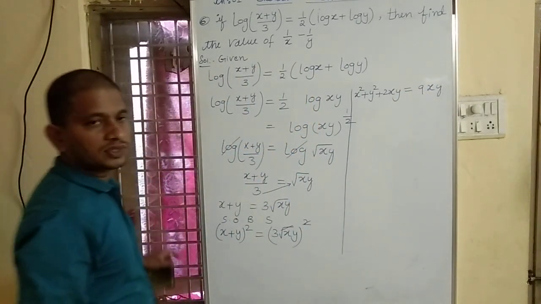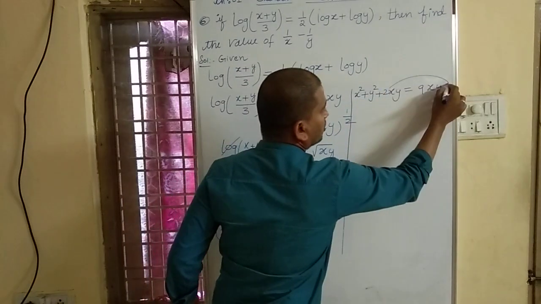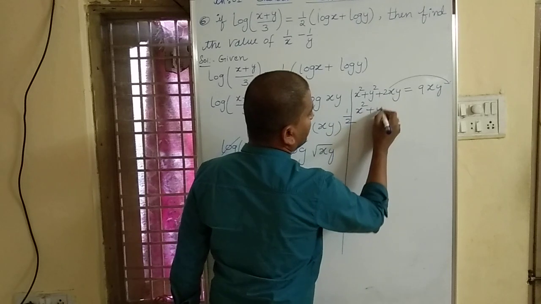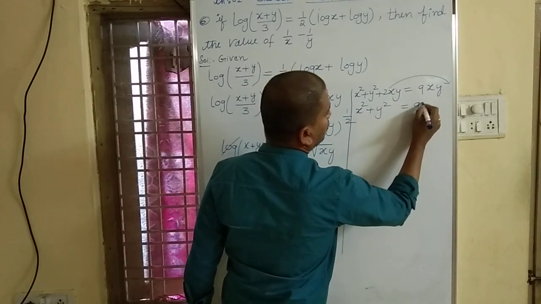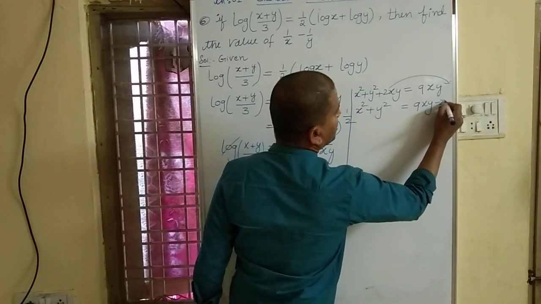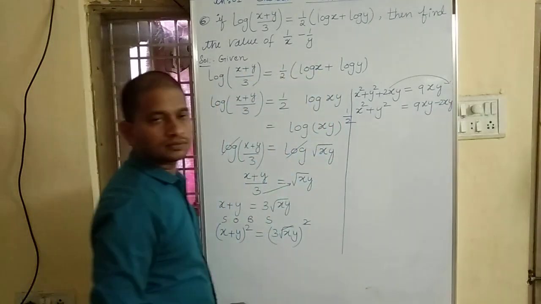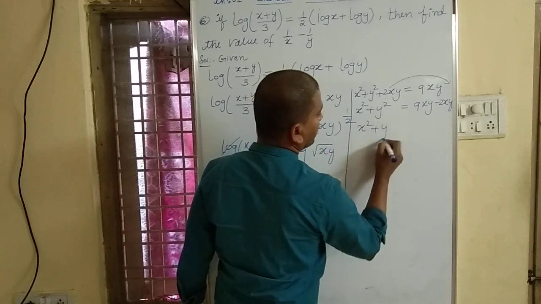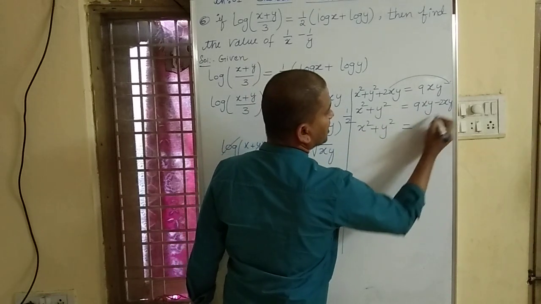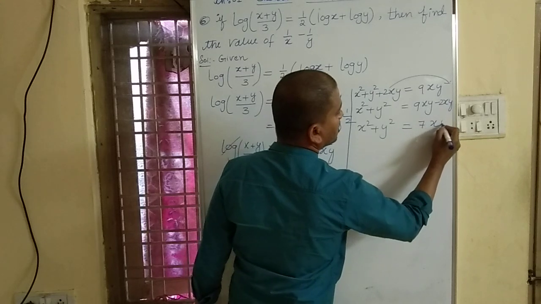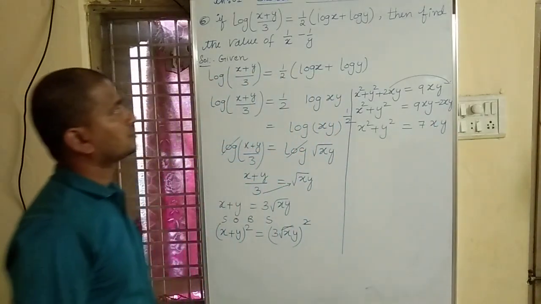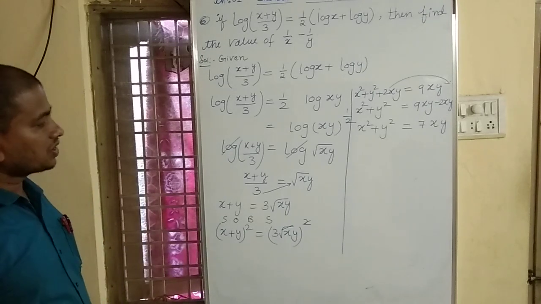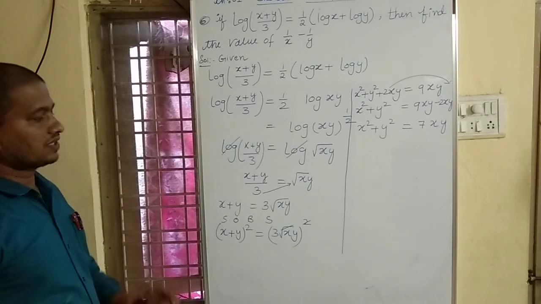Now transpose 2xy towards the right hand side. x square plus y square is equal to 9xy minus 2xy, that is 7xy.